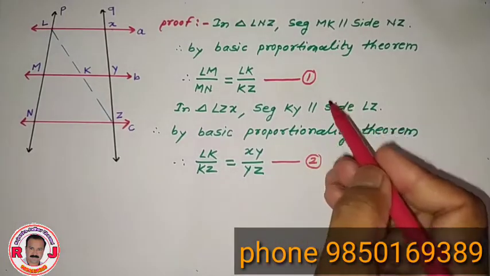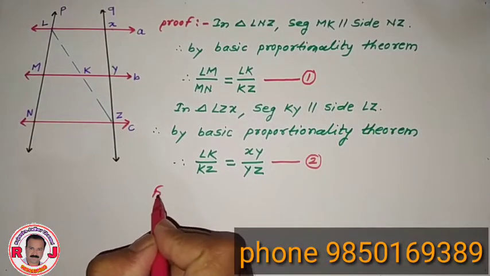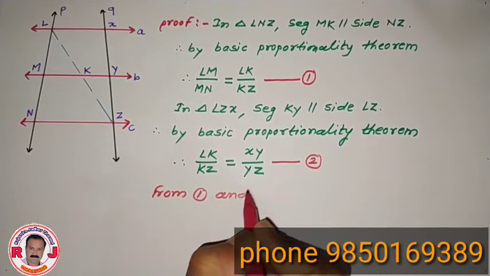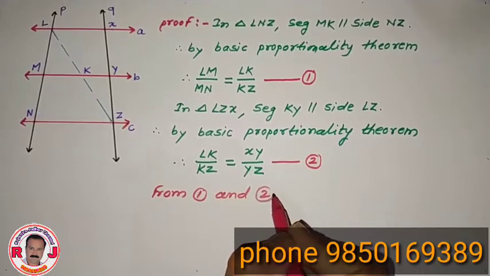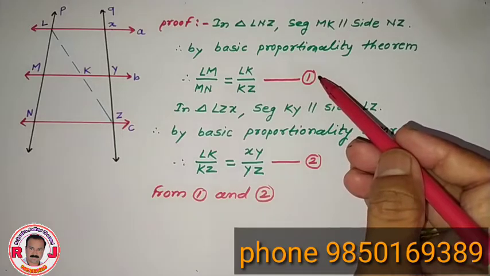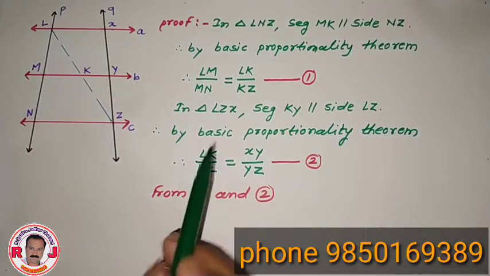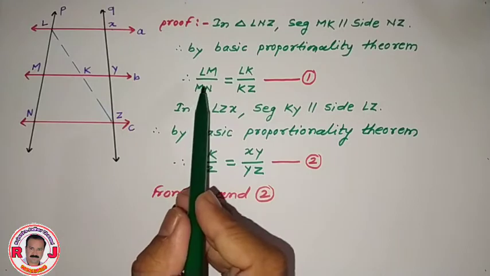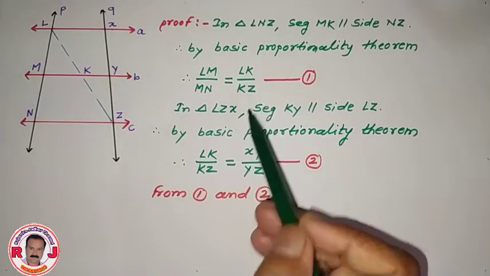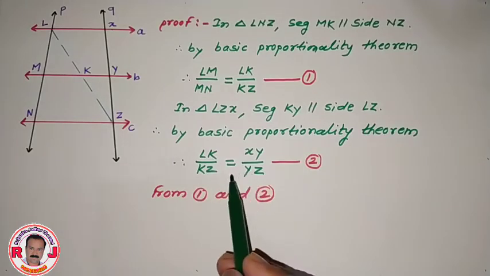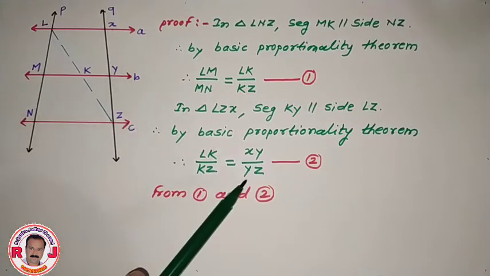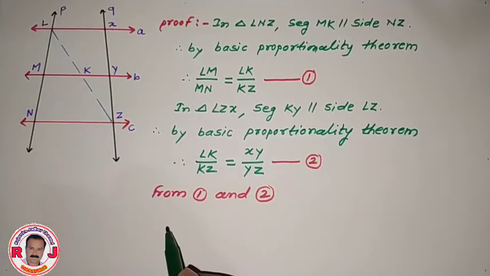From 1 and 2: here 1 is LM upon MN is equal to LK upon KZ, and LK upon KZ is equal to XY upon YZ. Therefore these two ratios are equal.